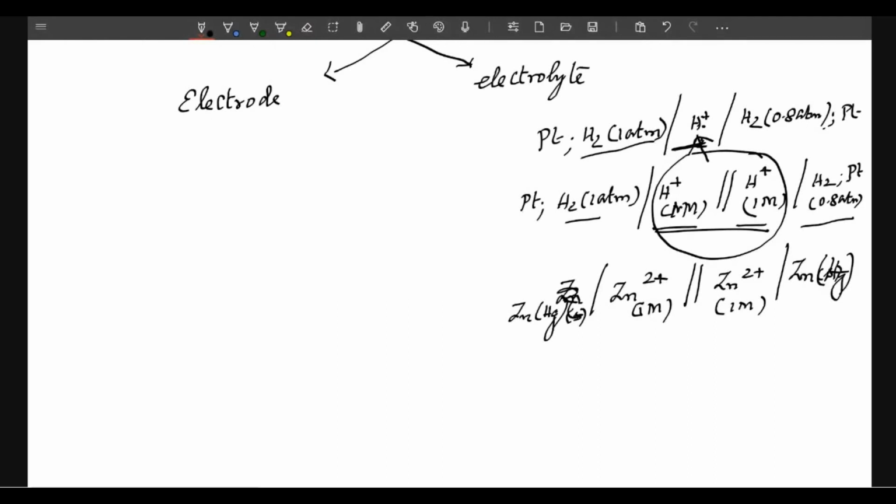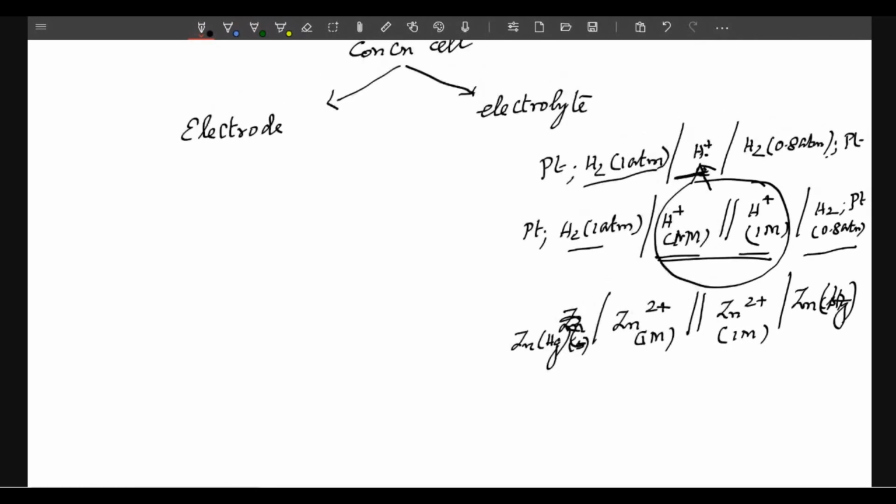The one having the higher amount of metal in the amalgamated state would be the anode, and the other the cathode. I think you understand the concept of the electrode concentration cell. Whatever the electrode may be, you can make use of it, especially in the gaseous state and the metal state. If it is a non-metal, it is highly impossible because it does not form amalgam. Therefore, only in these two cases do we come across the electrode concentration cell.